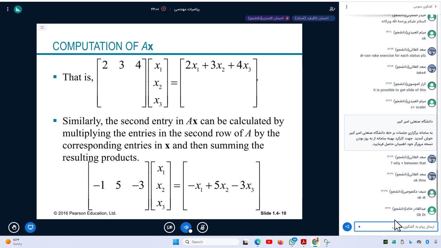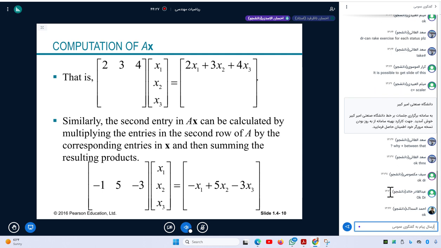I will convey your voice to them. The university told us that the final exam is in person at the university.